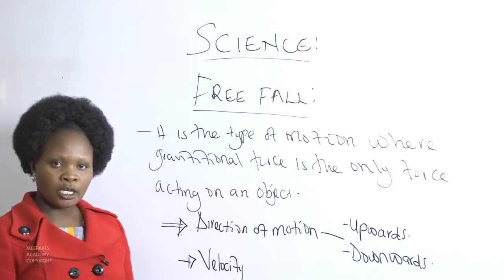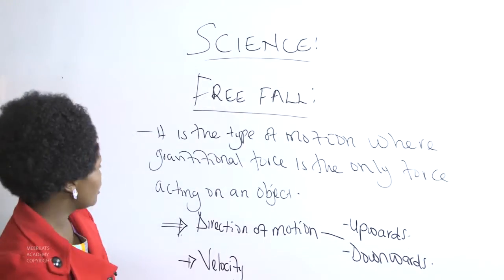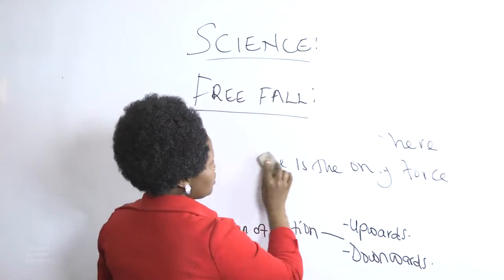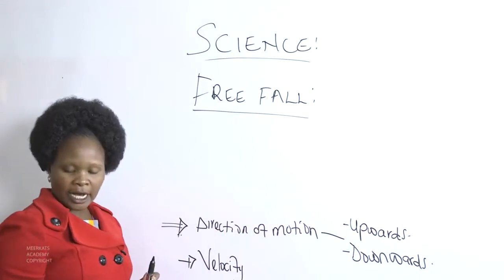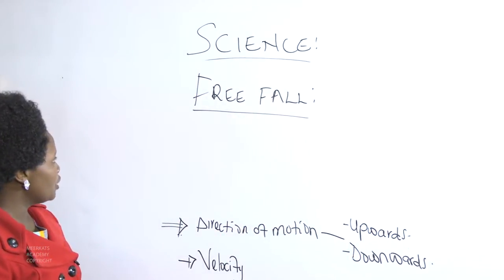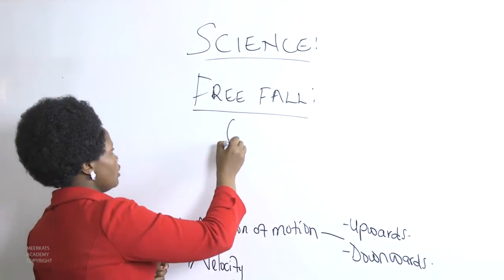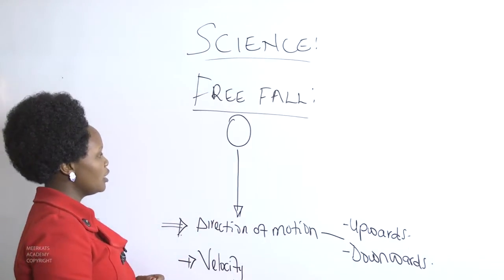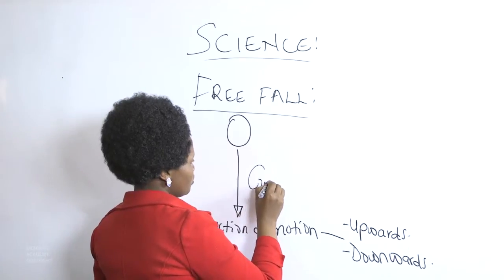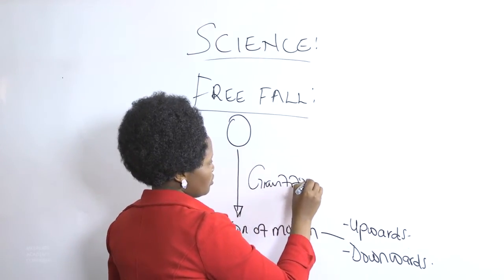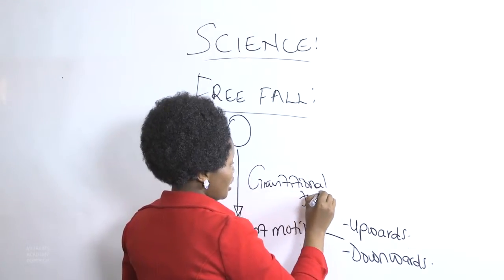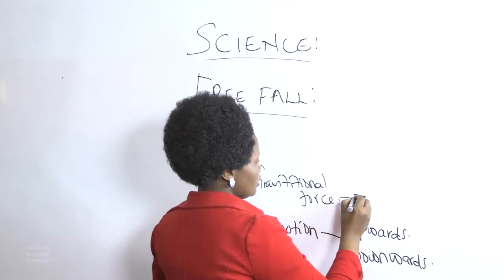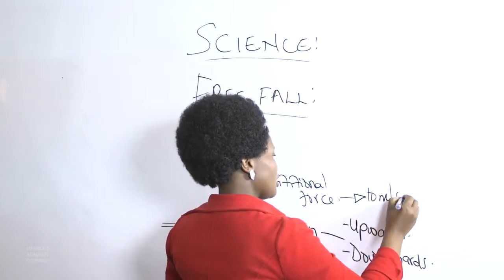Now, when we were looking at effects of force, we said that a force can accelerate a body, and in our case here, when a body moves vertically downwards, we have gravitational force which is actually constant at 10 meters per second squared.